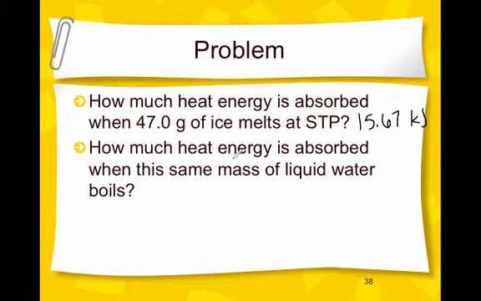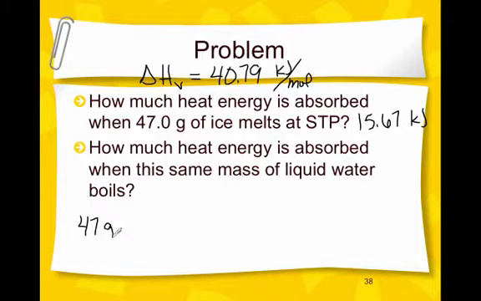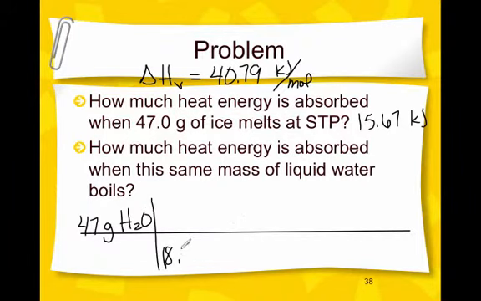So how much heat energy is absorbed when the same mass of liquid water boils? This time, instead of using the heat of fusion, we're going to use vaporization, which was 40.79 kilojoules. But it's the same process, right? So we need to change 47 grams of liquid water. We have 18.02 grams of water for 1 mole of water.